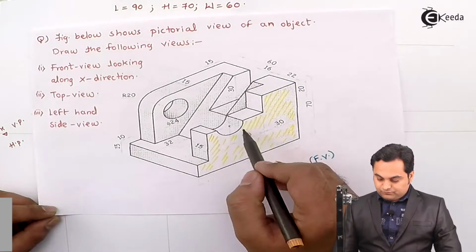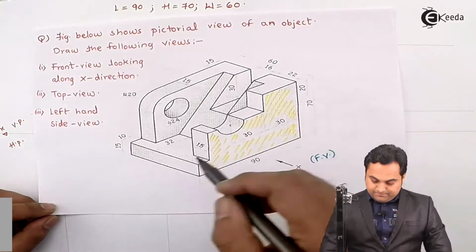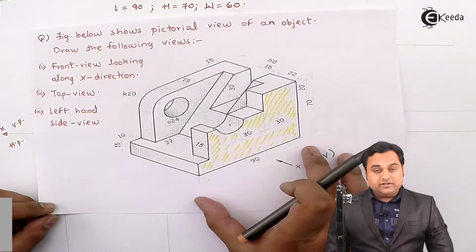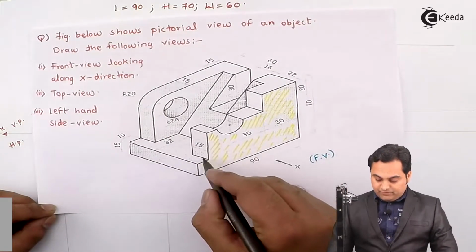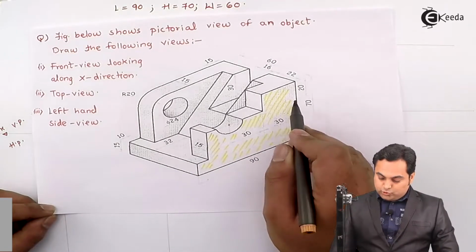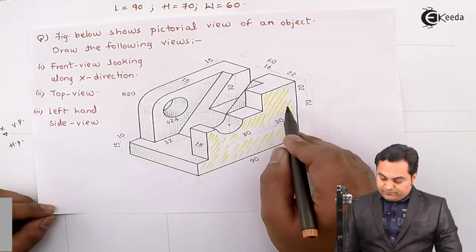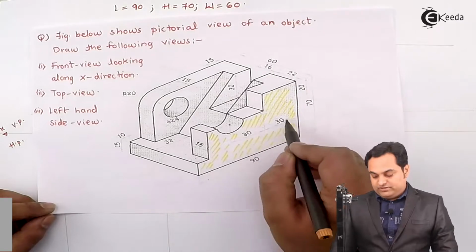Next, after reaching up till here, that is up to this center, now I can see this semicircle in this portion, and then I can say that the complete length is 90 mm, and if we subtract 10 mm from here, that will give me the total length is 80. So from 80, if I subtract 30 plus 30, that gives me the value, this is 60.